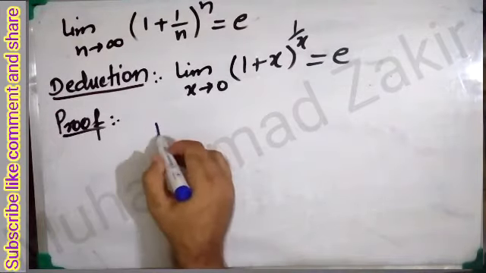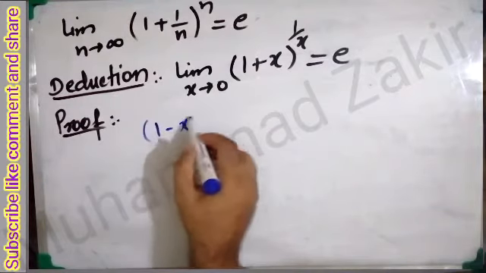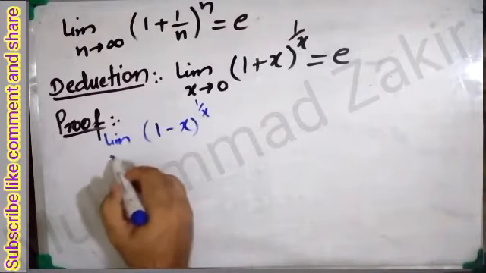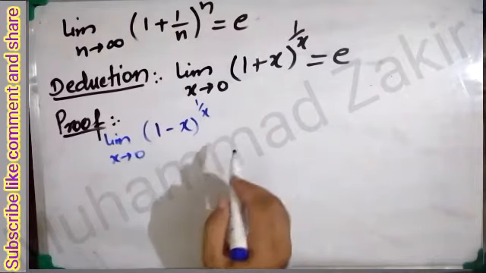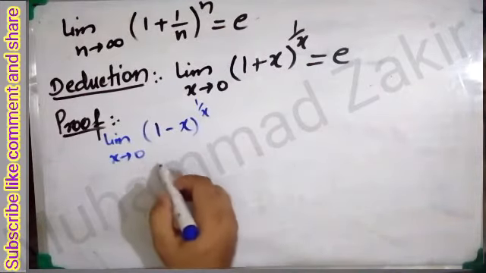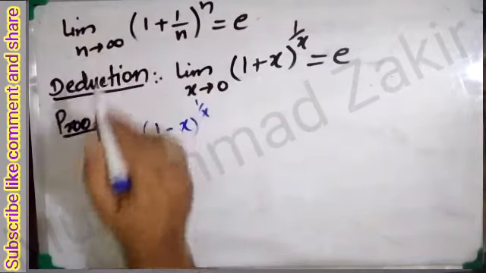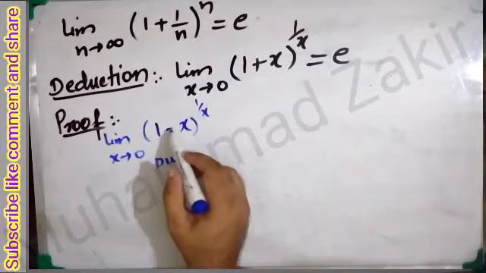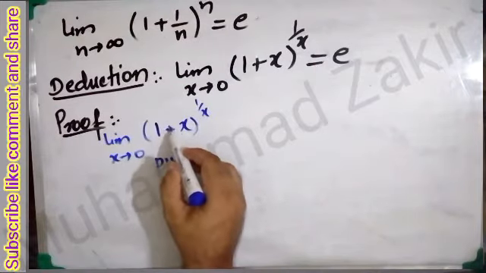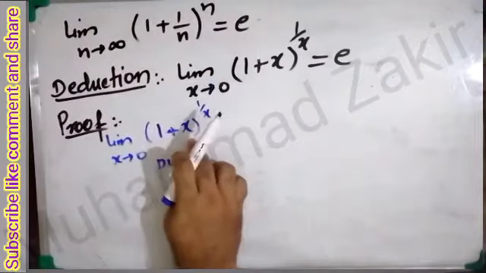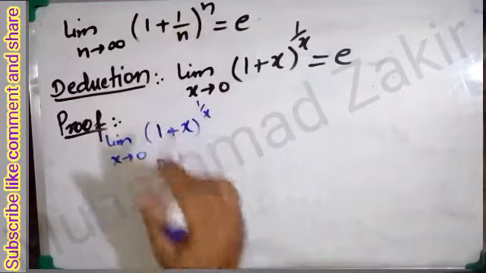As we have (1 plus x) raised to power 1 by x, limit x approaches 0, this is the form we substitute in. We want to match it with the previous result. So in place of x we should have 1 by n here.